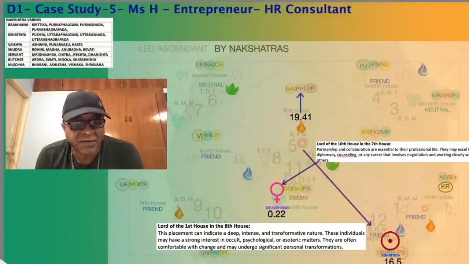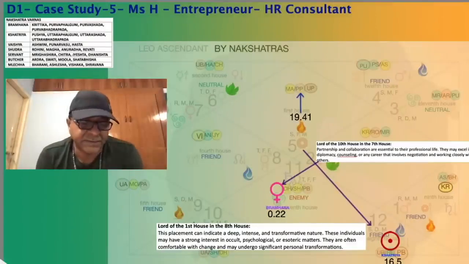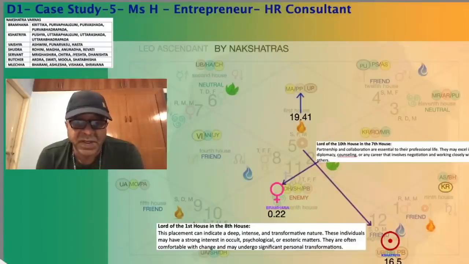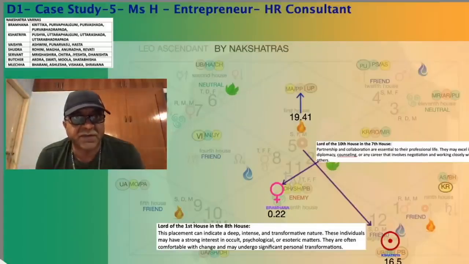So the Lord of the 1st in 8 will signify constant changes for this lady through life. Okay? She doesn't know that yet. Probably she came to me because of that. Who knows? These individuals may have a strong interest in occult, psychological, or esoteric matters. Duh. She is of a different faith.